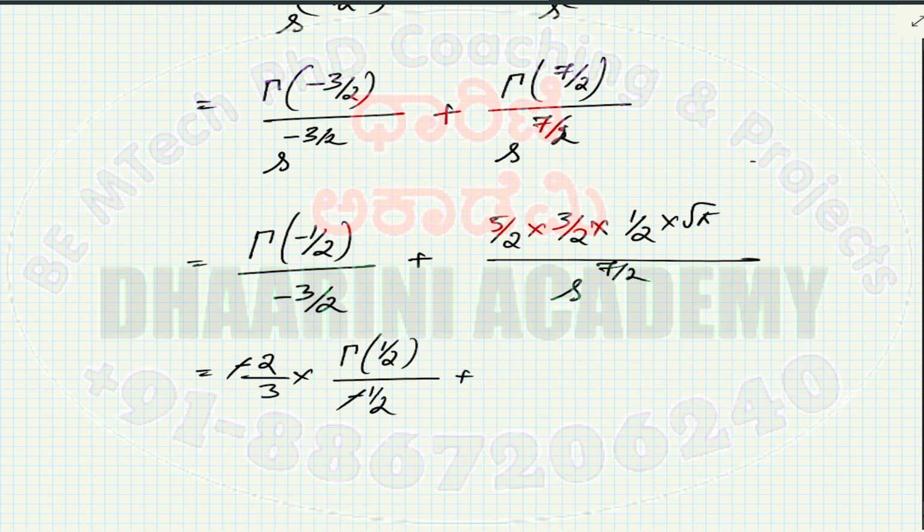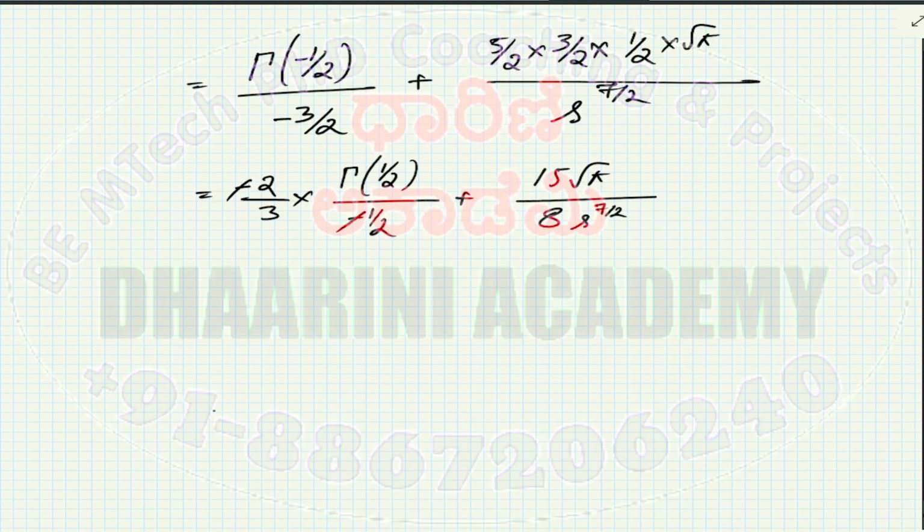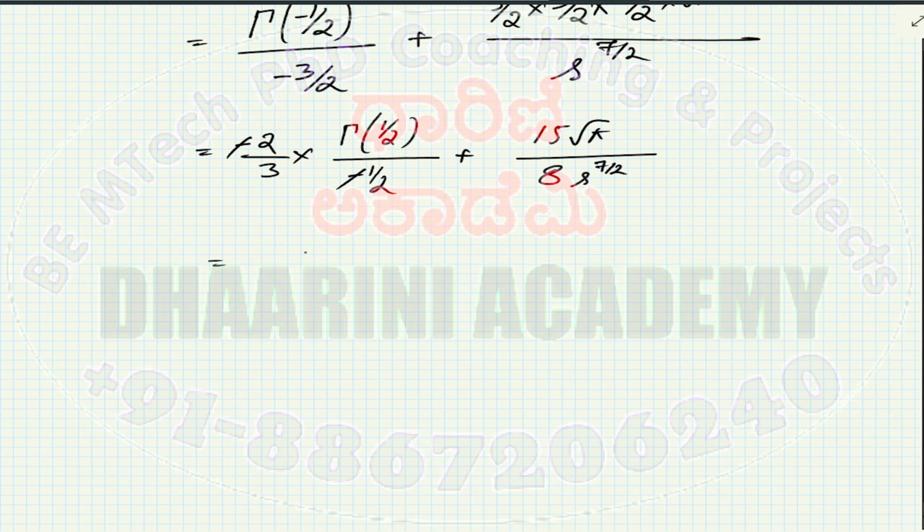So plus, now this term becomes 5 into 3 into root pi, that is 15 times root pi whole divided by 2 into 2 into 2, so that is 8 into s to the power 7 by 2. So this is equal to, so 2 and 2 will go up, that is 4. Gamma half is standard root pi, divided by 3.